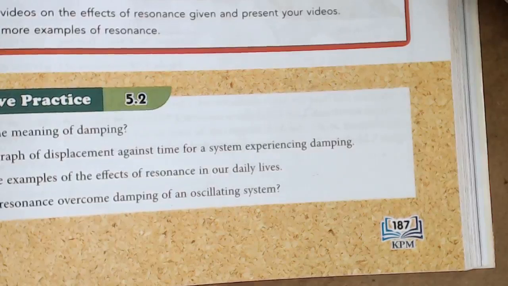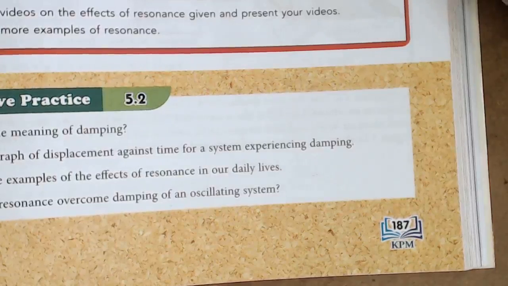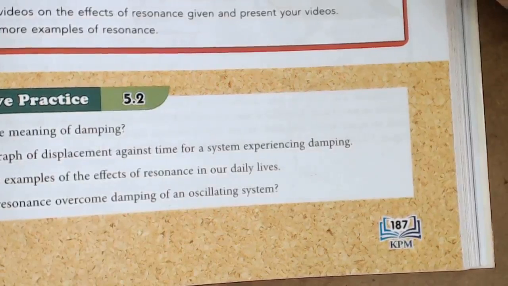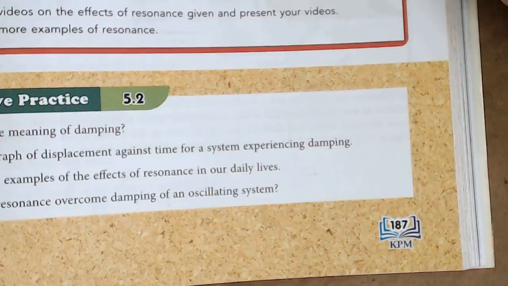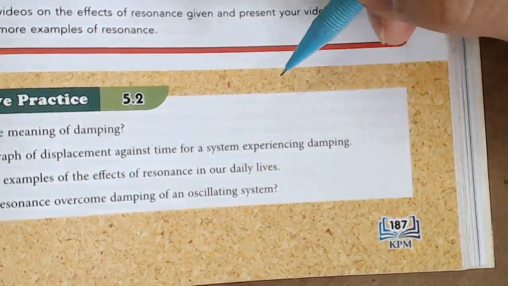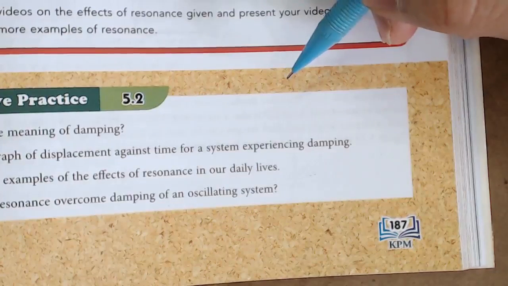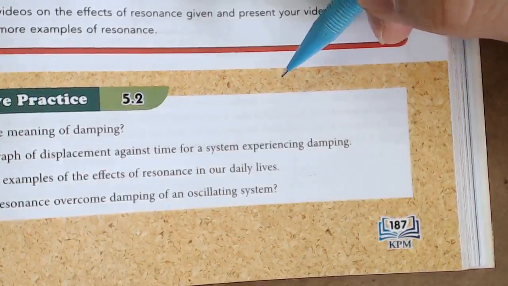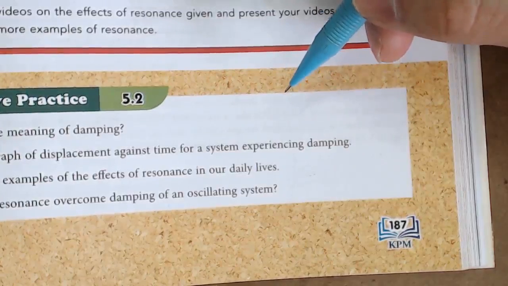So this is why they prevent any jet from flying over our residential areas, because some of the objects on the ground have the same natural frequency as the sound of the jet.